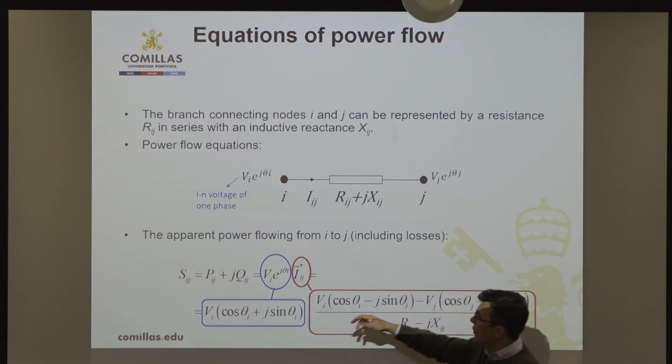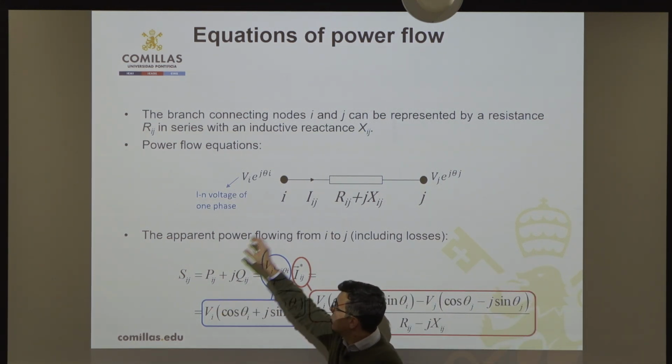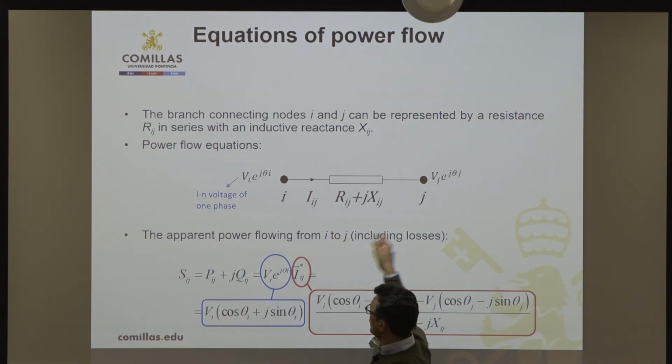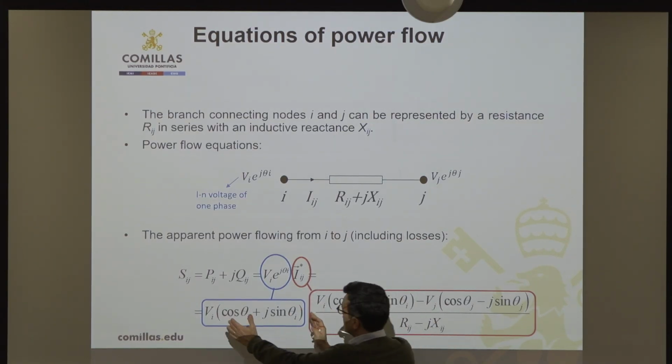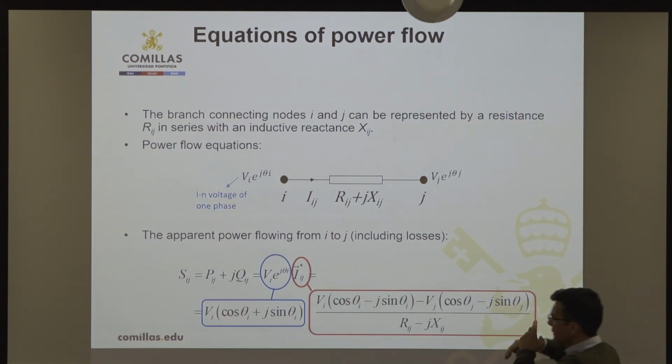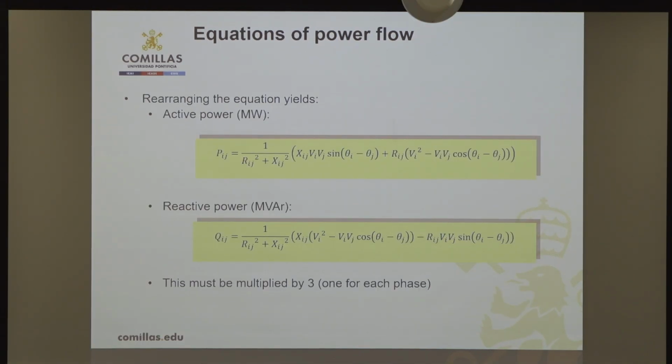And you can compute what is the apparent power that is flowing from one node to the other by multiplying the voltage times the conjugate of the current. I'm not going to enter into details, but this gives you these nonlinear equations that I mentioned before. You can see those expressions are very nonlinear because you have the product of the involved variables, like here, the voltages, and also you have the cosine of the angle differences between the different nodes.